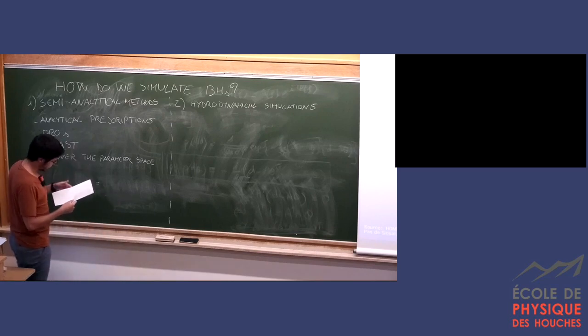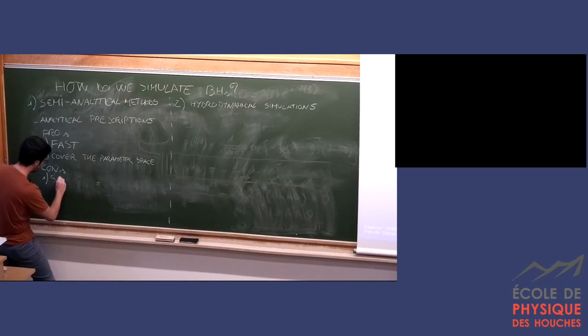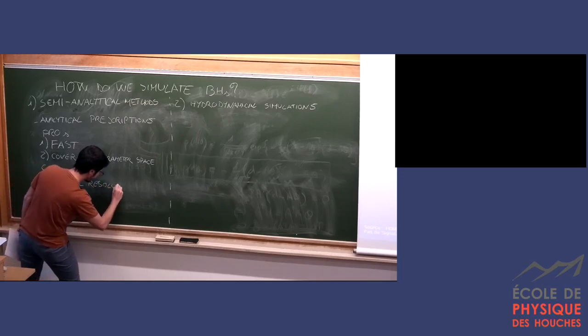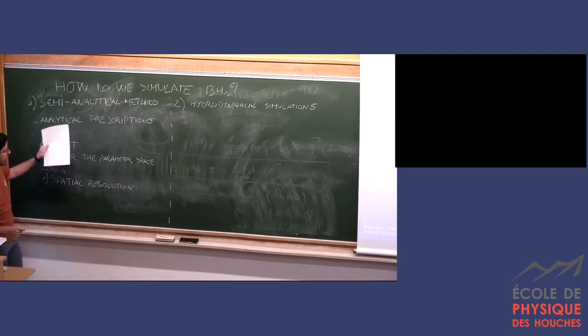The problem with this approach is that since they are analytical, they don't have spatial resolution. In this type of approach, it's not like you can take two points in your simulation and say, these are at a distance of 50 kiloparsec, these others at a distance of 43 kiloparsec.